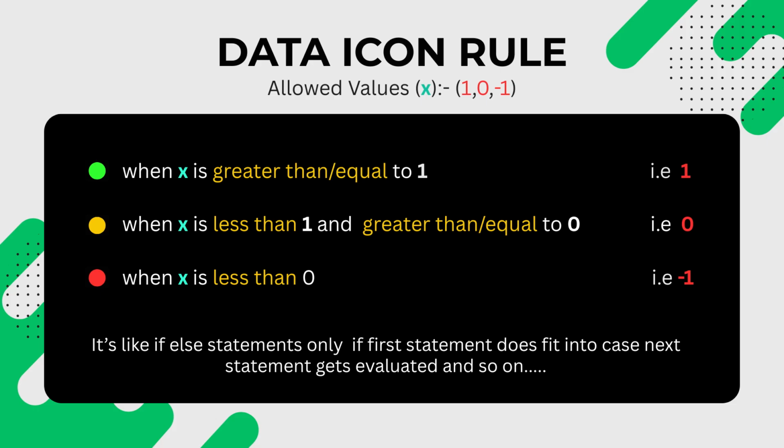The only case it matches is when the value is equal to 0. So it maps it to the yellow icon. Now, if the value doesn't fit either of the cases, that means the value is equal to -1. That fits our last case, when x is less than 0, and maps it to a red colored icon.